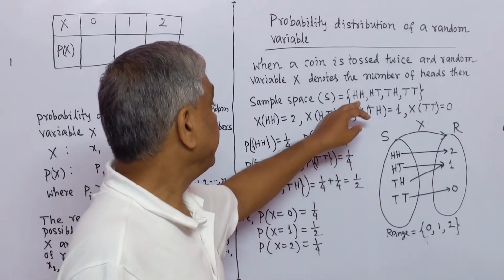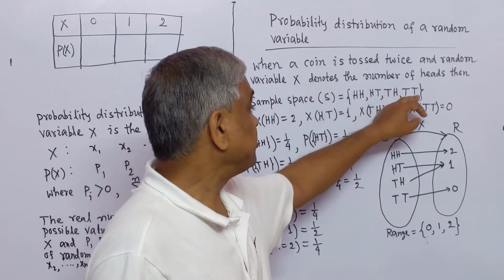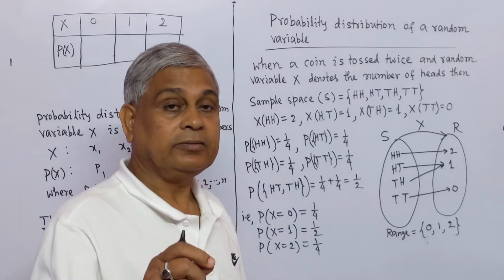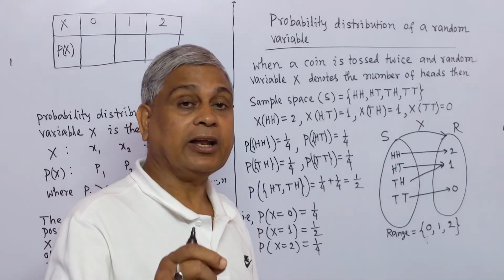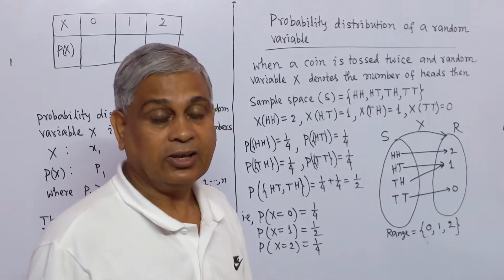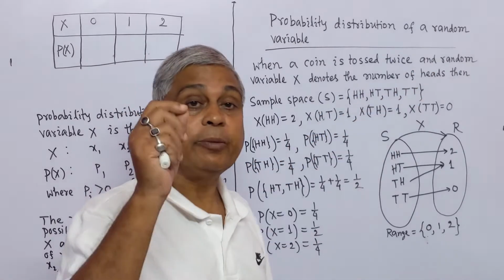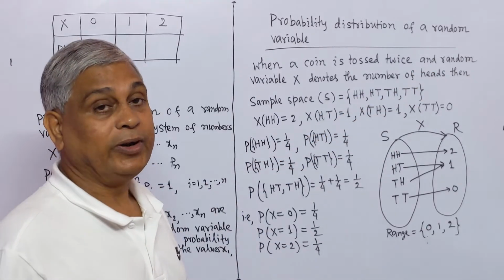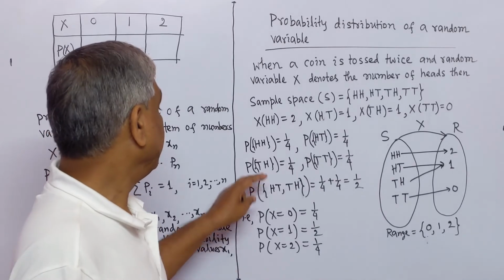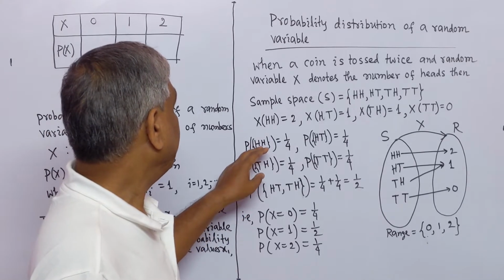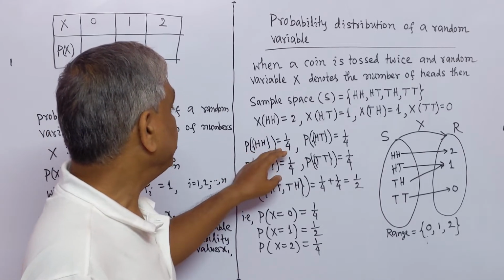Since the number of outcomes is 4 and the outcomes are equally likely, the probability of each outcome will be 1 by 4. The probability of the event containing element HH equals 1 by 4.